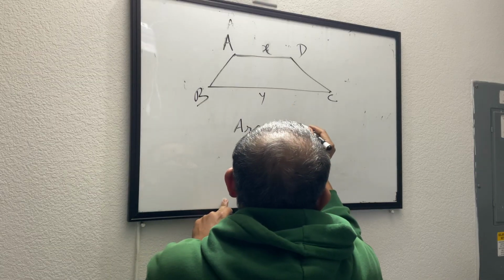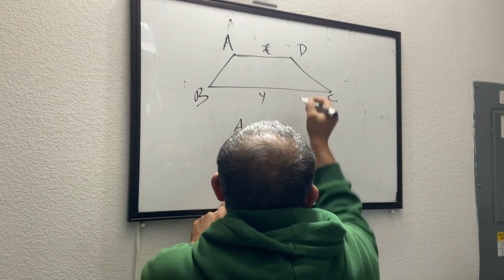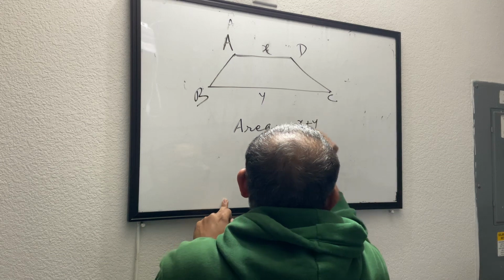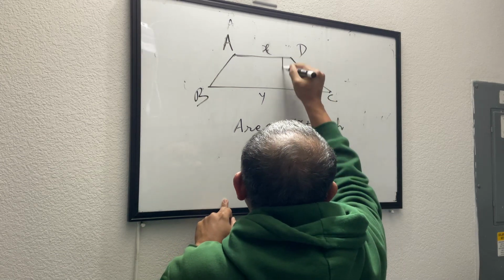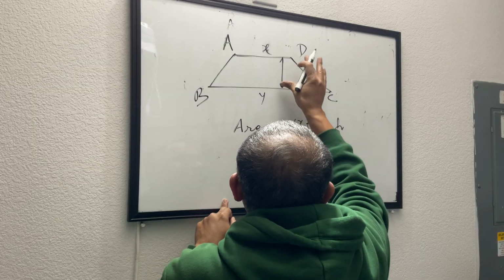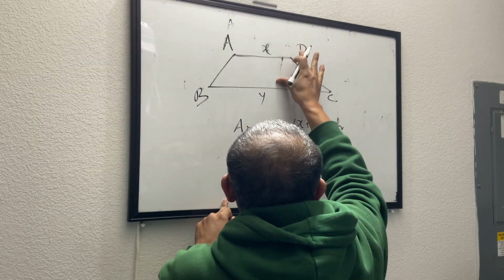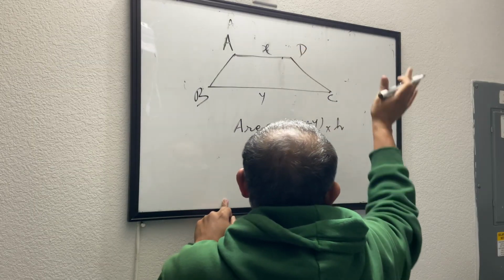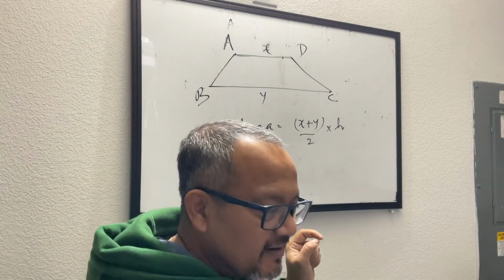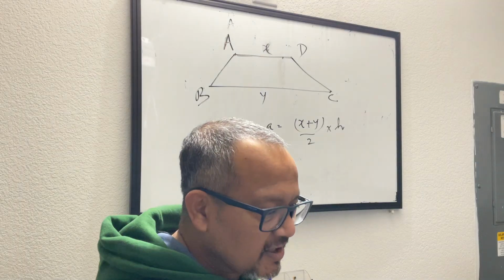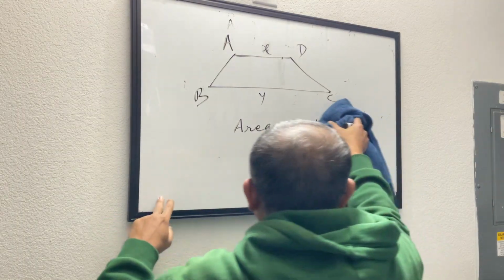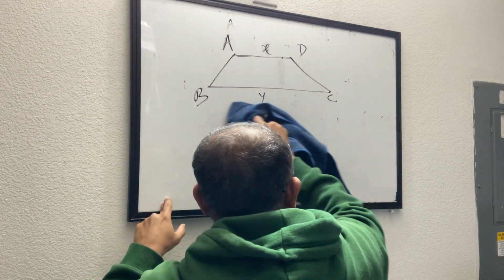So you are saying (x plus y) divided by 2 times height. Height is the distance between the two parallel lines, right? Yeah. And do we all know why? Does anybody remember why? Vasundhara, Ananya, anybody? Okay, I'm not trying to put you guys on the spot, I'm just checking.